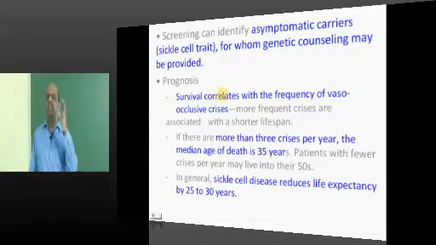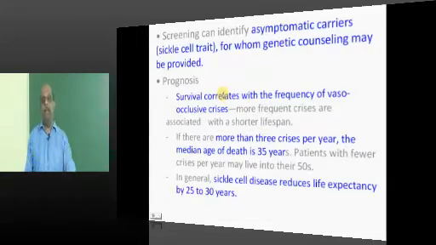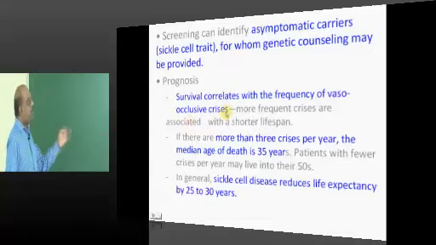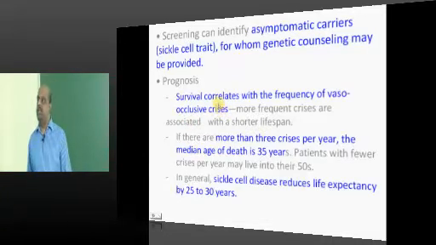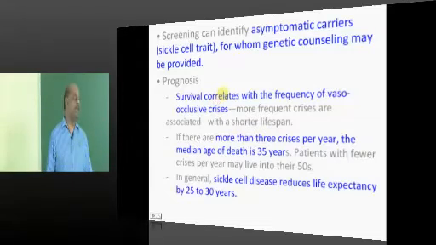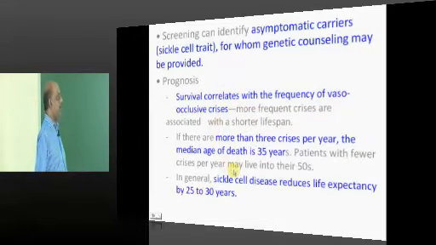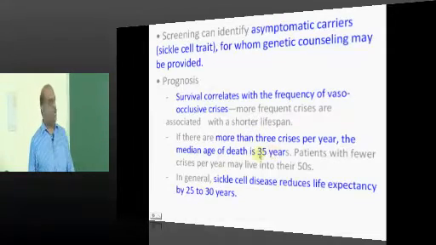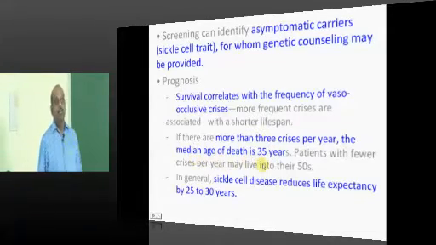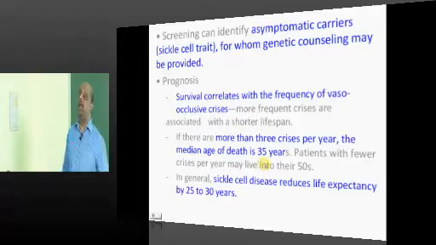The survival of a sickle cell anemia patient mainly depends on the vaso-occlusive crisis. And with vaso-occlusive crisis, if a good number of times, patients can't survive. If there are more than 3 crises per year, the median age of mortality will be 35, until the guy becomes associate professor.